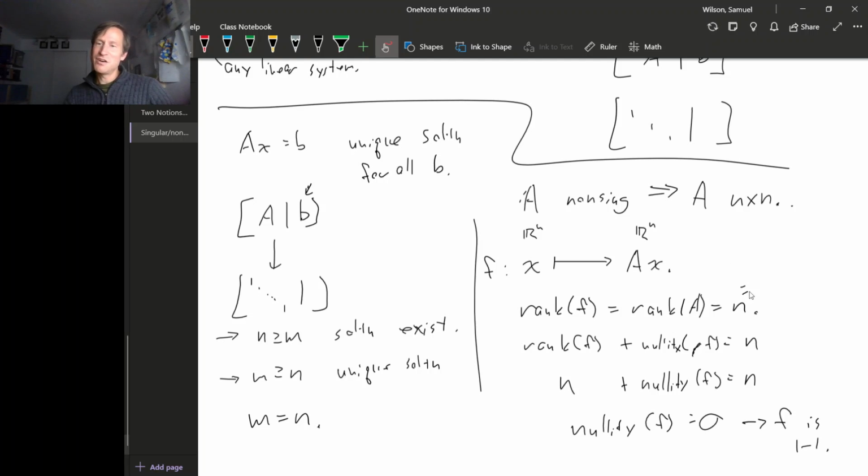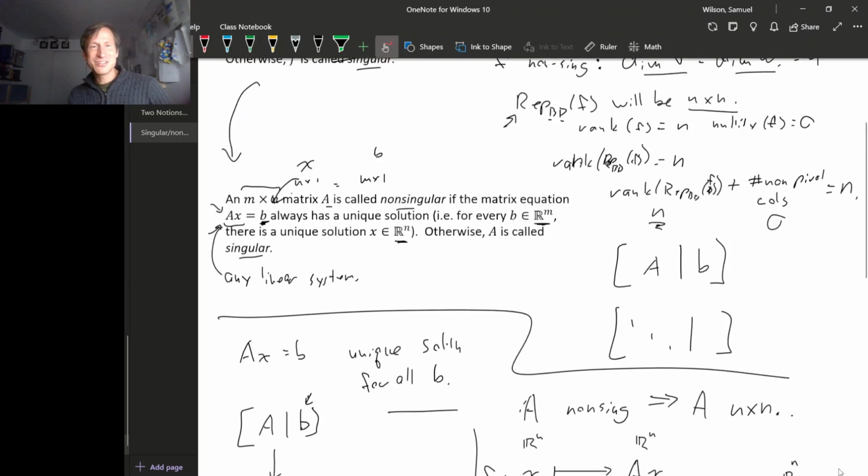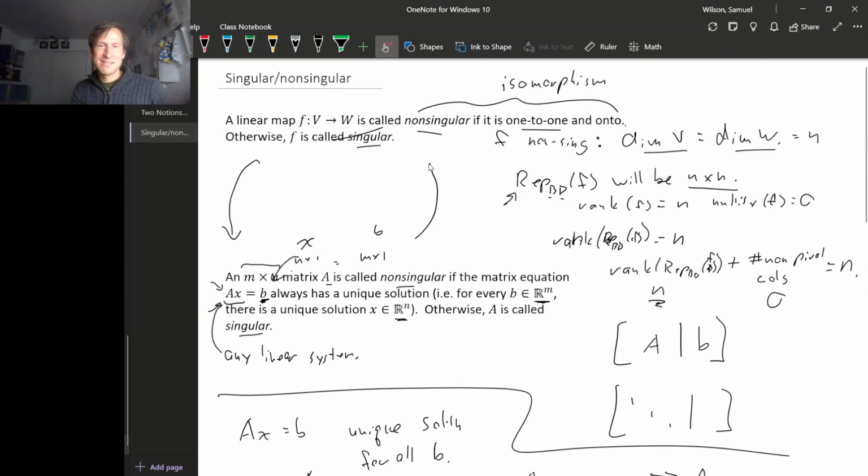Since the rank of f is equal to the dimension of the codomain space, Rn, this means that f is onto. So this shows that if we started with a non-singular matrix, the resulting linear transformation is one-to-one and onto. In other words, it's non-singular. So this shows the other direction, right? Singularity and non-singularity for matrices and corresponding linear transformations mean the same thing.